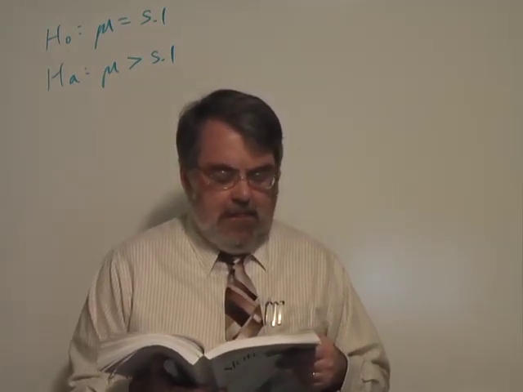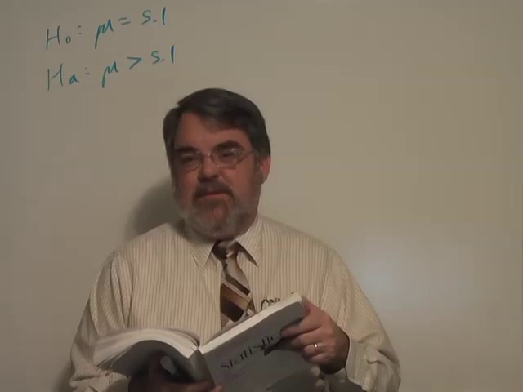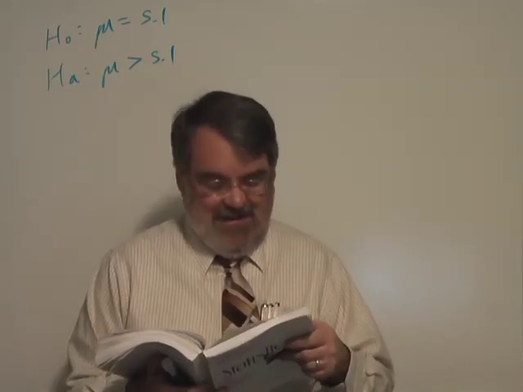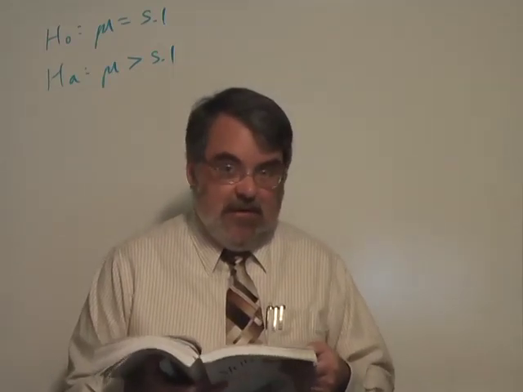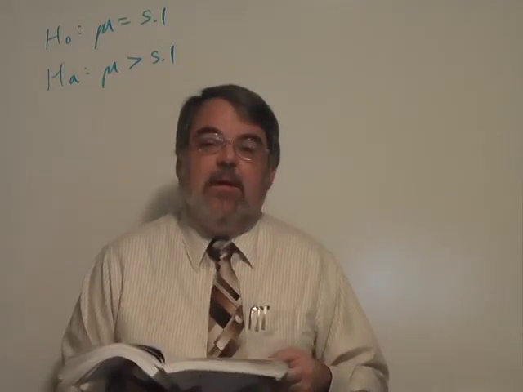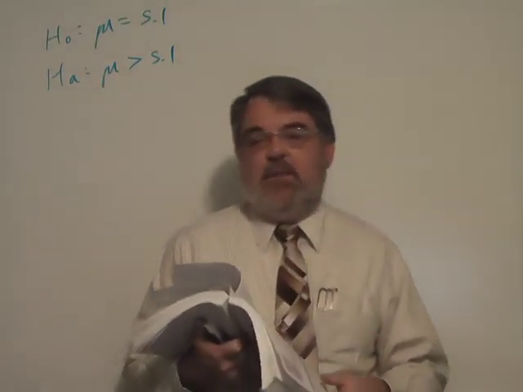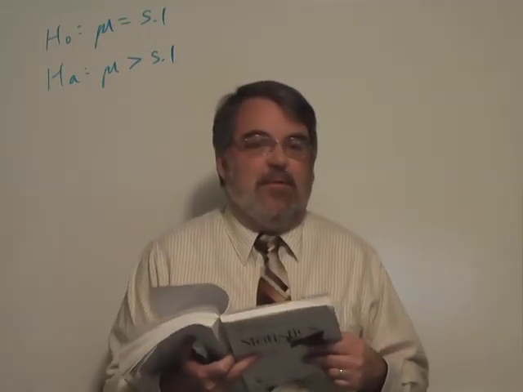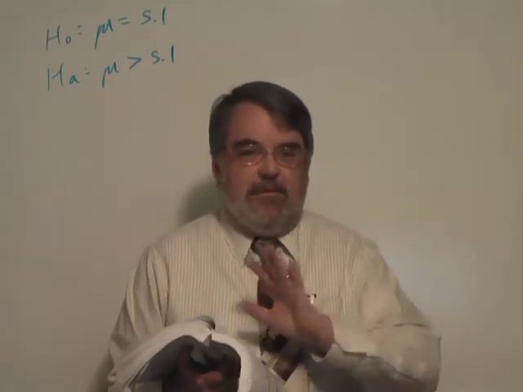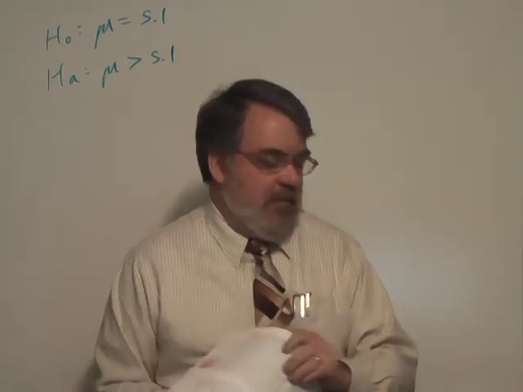Well, we don't worry about the type 2 error in this course. The book doesn't do anything with it. That's a little more advanced topic in statistics. Statisticians do think about type 2 error or beta error. We're going to focus on alpha, or the type 1 error.